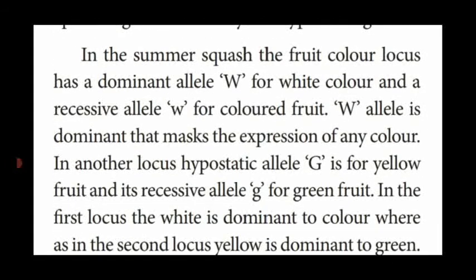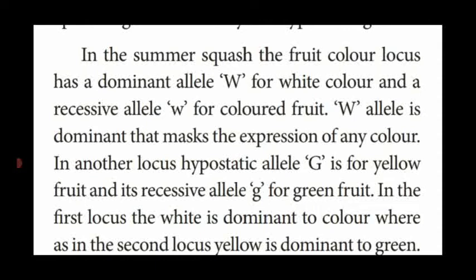So summer squash has the fruit color locus with a dominant allele that is white. White color, so the dominant allele we have to write as W. Another pair of allele is there, isn't it? One of them is the dominant allele, capital W, for white color.